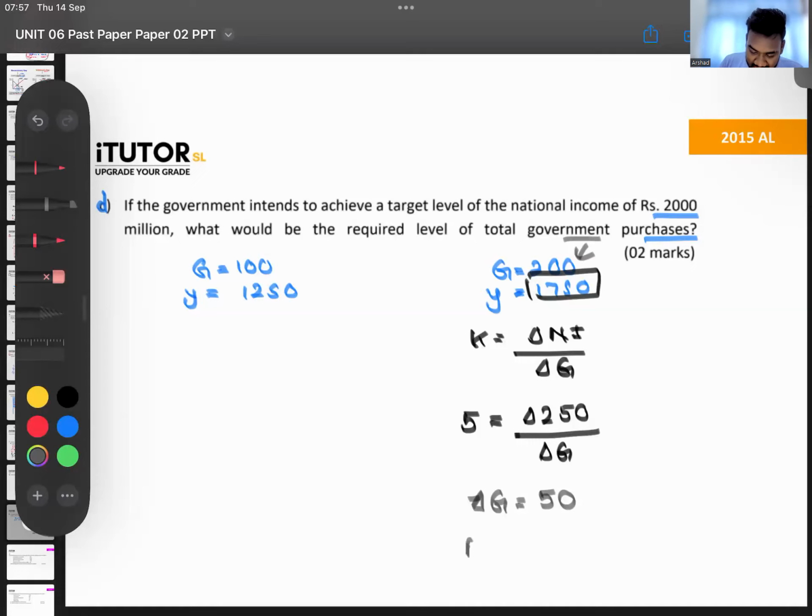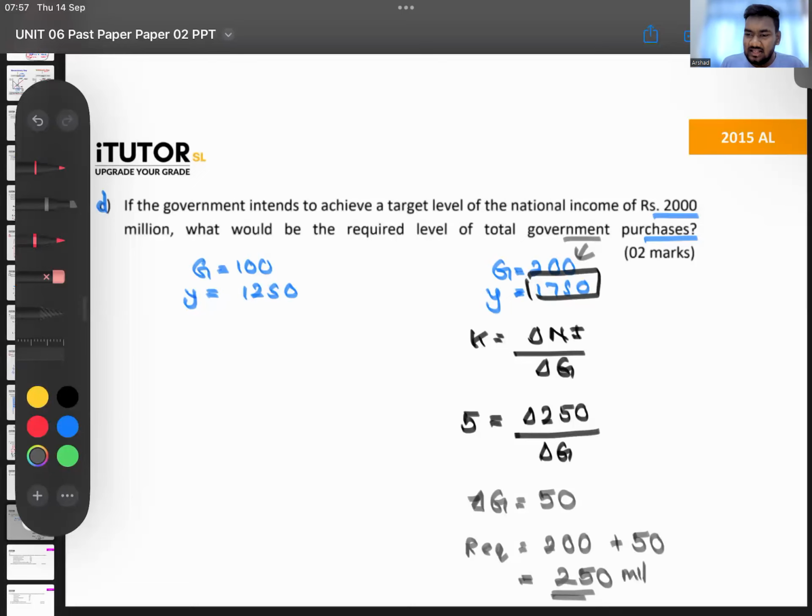So the required level will be 200 plus another 50. If government purchases are 250, let's say 250 million, then you can reach the full employment level of 2000. Is that clear? If government expenditure is 250, you can reach the required level of 2000.